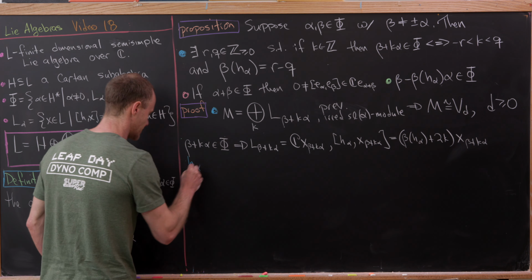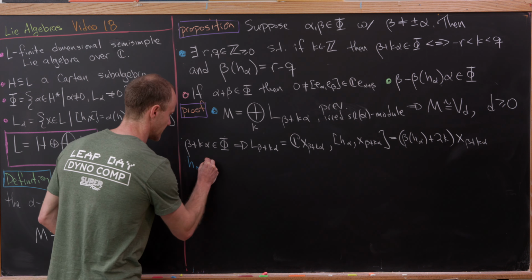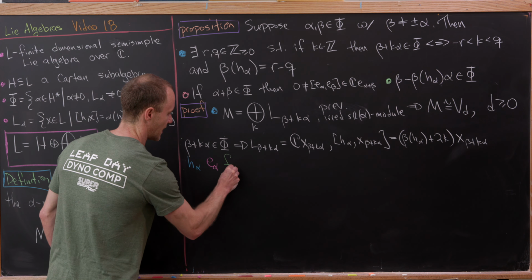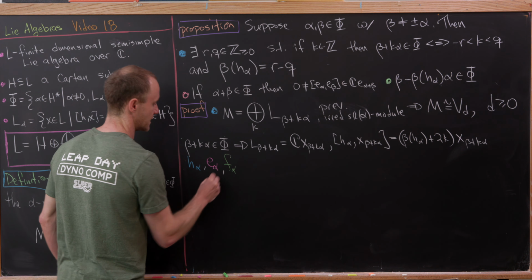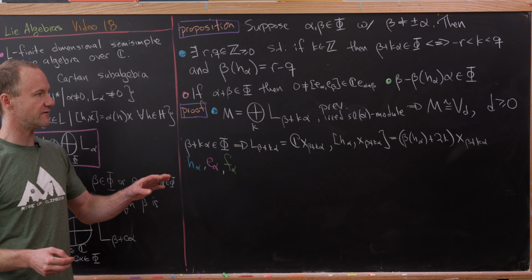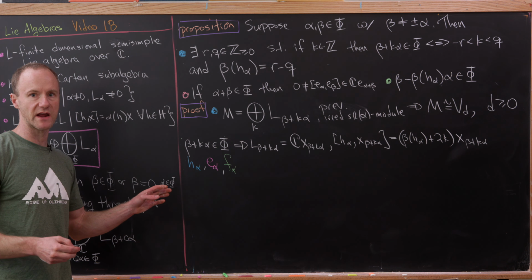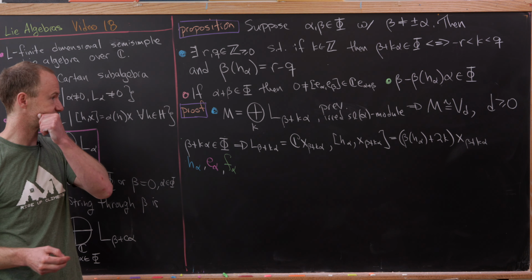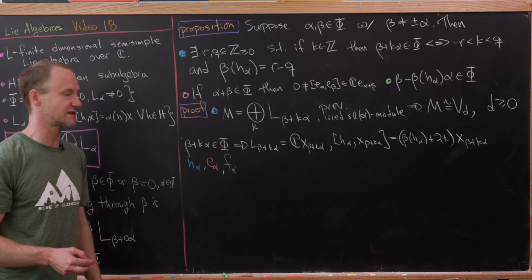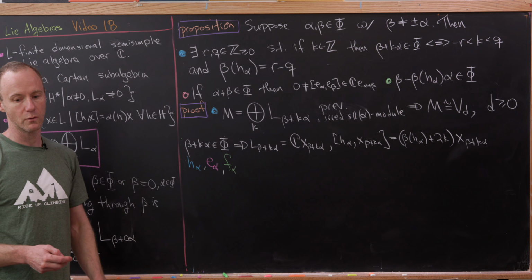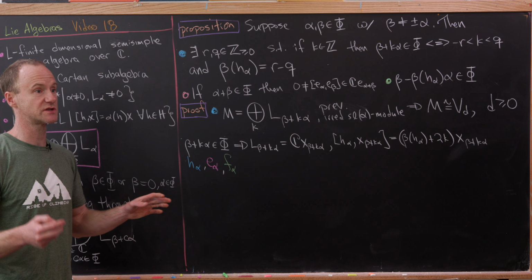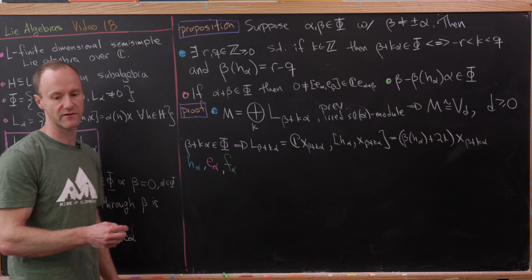So let's say that H alpha acts with this blue thing, E alpha acts with this magenta, and F alpha acts with this green. And then, because we know that V_D has a lowest weight vector and a highest weight vector, and V_D is spanned by vectors of the form x beta plus k alpha, we'll just pick the numbers r and q to produce those lowest weight vectors and the highest weight vectors.